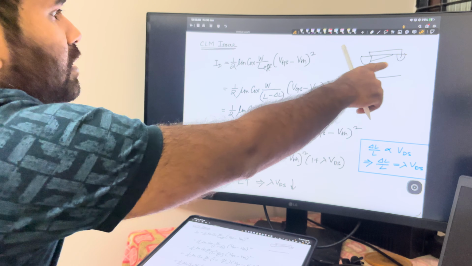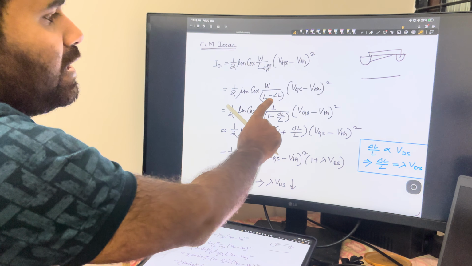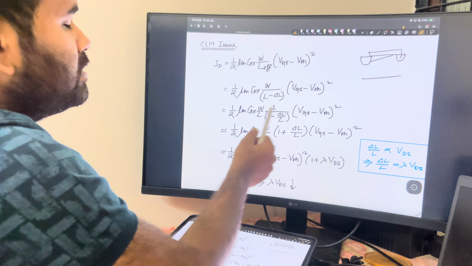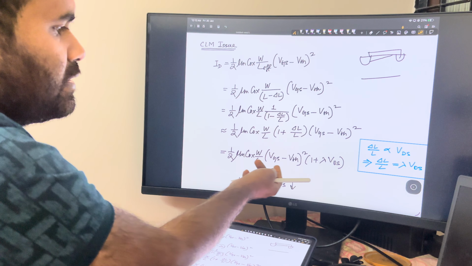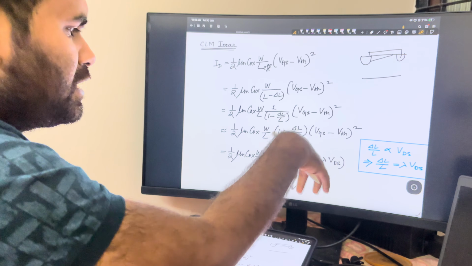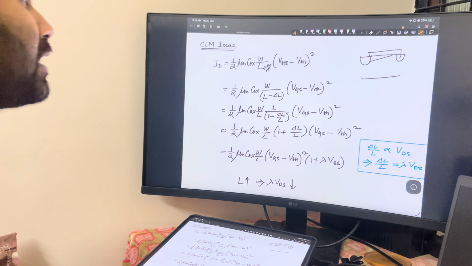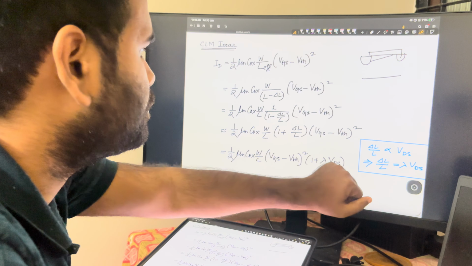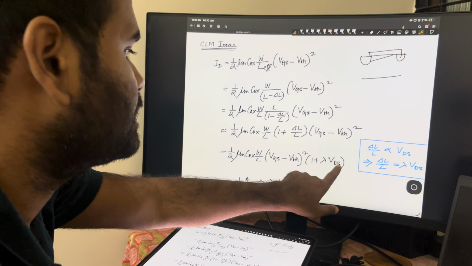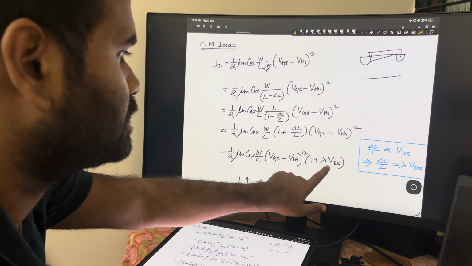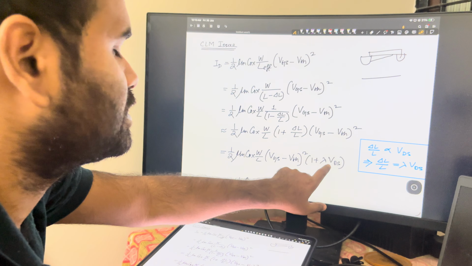This is the delta L, so L effective is L minus delta L, where L is the total length. From there we can approximately write it as this; this is a derivation that you can see. But the main point I am trying to convey is that delta L by L is actually your lambda VDS, and the channel length modulation portion comes from this part.